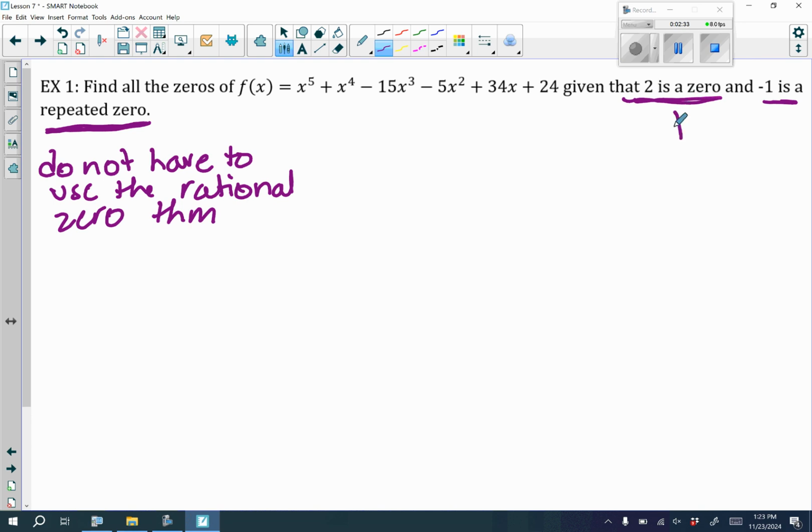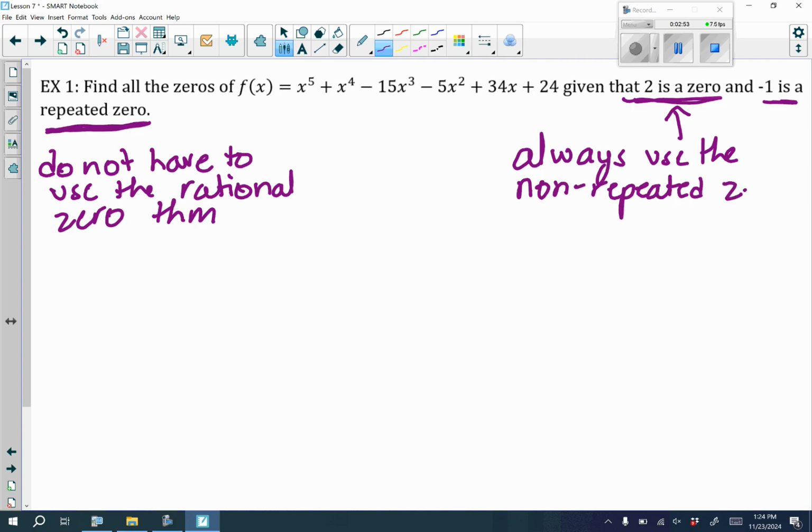So we always want to use the non-repeated zero first. The reason we have to do this is because since -1 is a repeated zero, we don't know how many times it is repeated. So we'll talk about that when we go through this example.